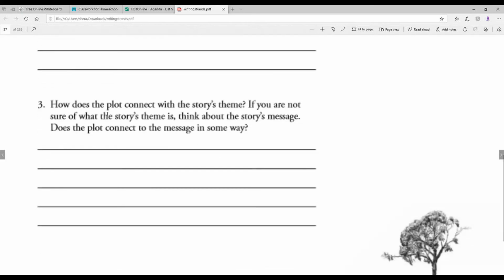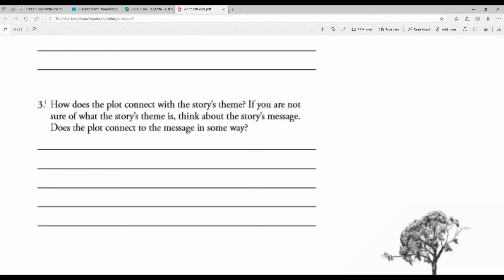And then it says, how does the plot connect with the story's theme? Okay, well, remember the theme is the message of the story. So the message of the story is man's fall into sin, right? So how does the plot, that sequence of events, connect to the story's theme?